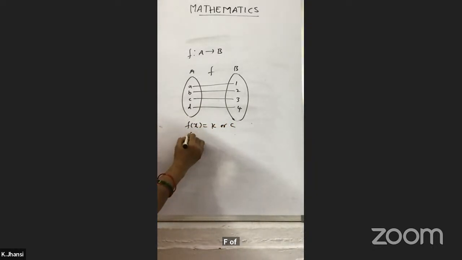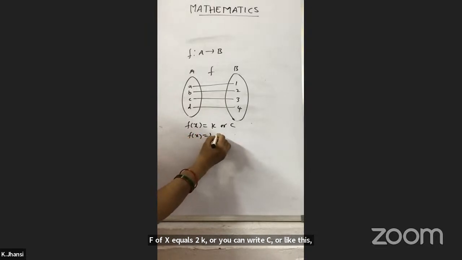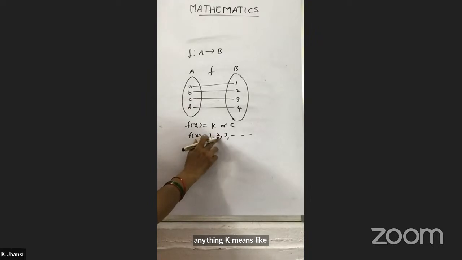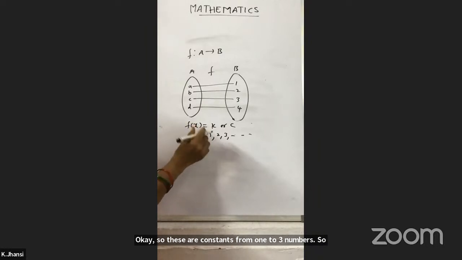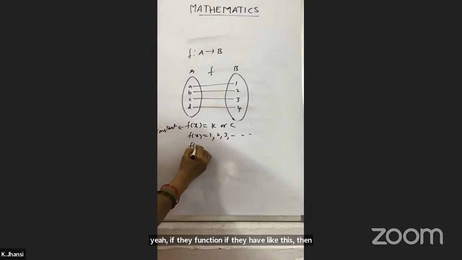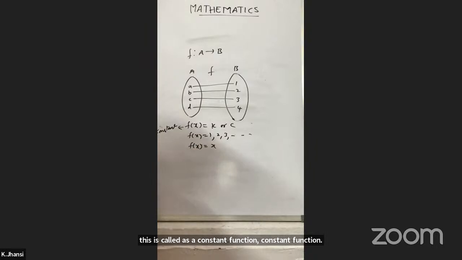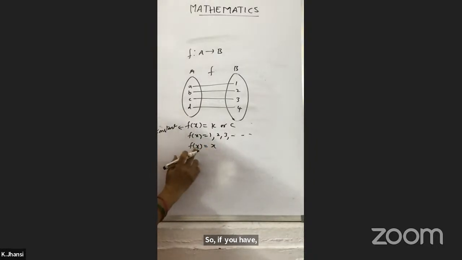K means like this, 1, 2, 3, any elements. Okay, so these are constants from 1 to 3 numbers. So here if a function, if we have like this, then this is called as a constant function.